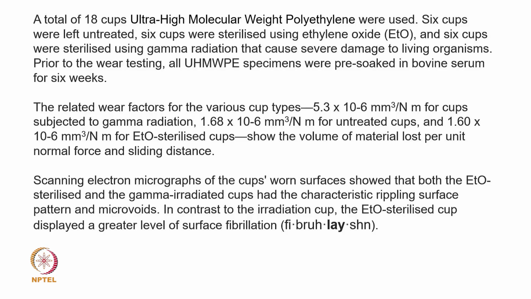And then they studied this because it is again statistical, so they needed to do a larger number of experiments. They took a total of 18 cups, and of course, the material was ultra-high molecular weight polyethylene.